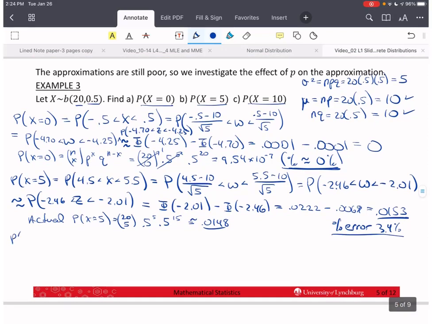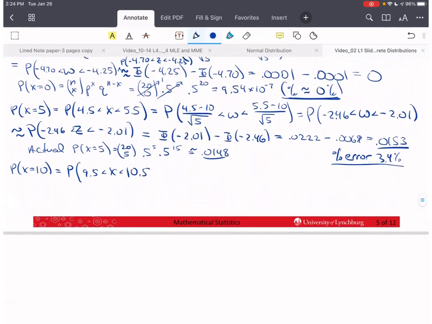Now let's do probability x is equal to 10. That's going to be the probability that x is between 9.5 and 10.5. Okay. And then we do our transformation, 9.5 minus 10 over square root of 5, and 10.5 minus 10 over square root of 5.